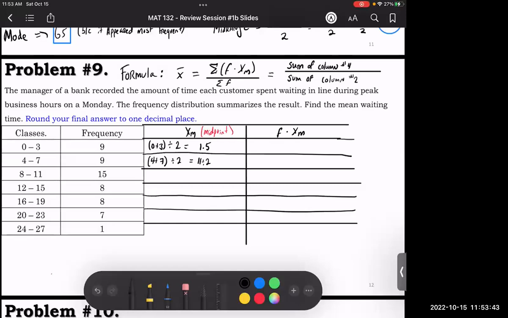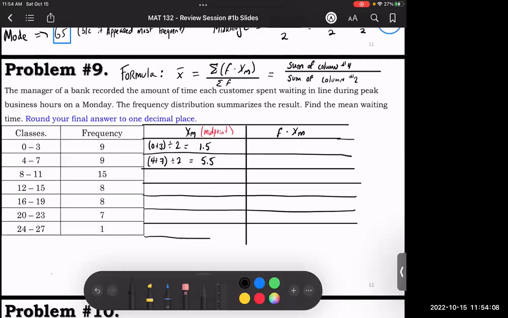So if you enter it in your calculators, be sure to put parentheses around the 4 and 7. The way that I have it written, 4 plus 7 in parentheses, then divide by 2, that will give you your next class midpoint. So it should have been 5.5.